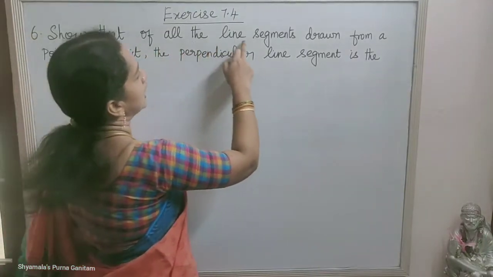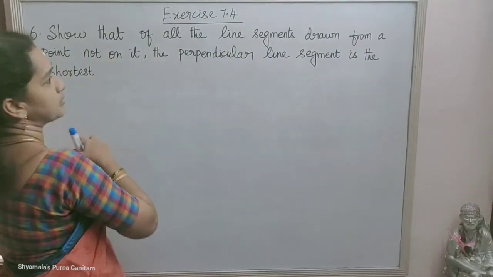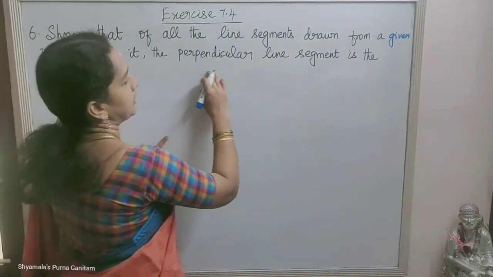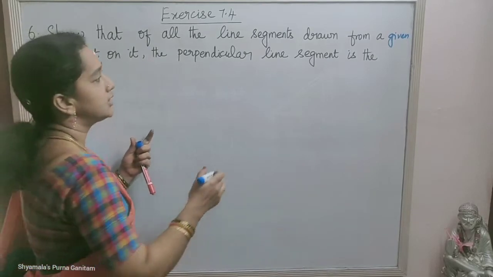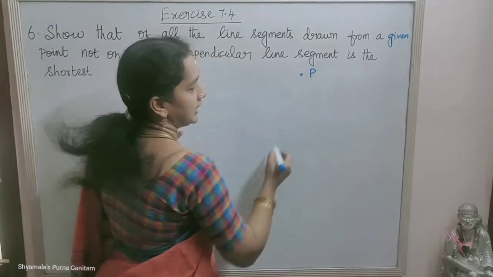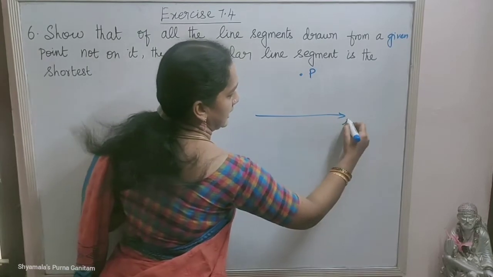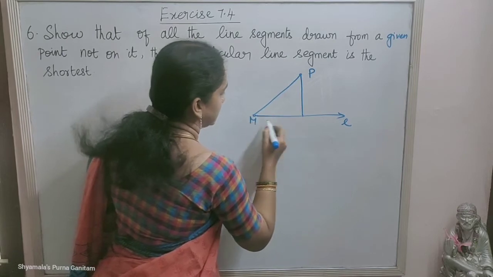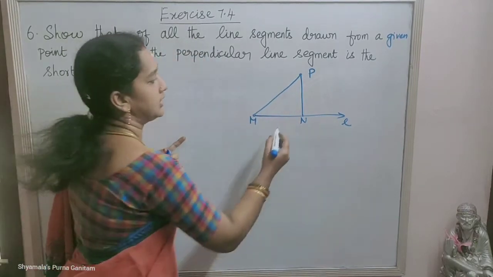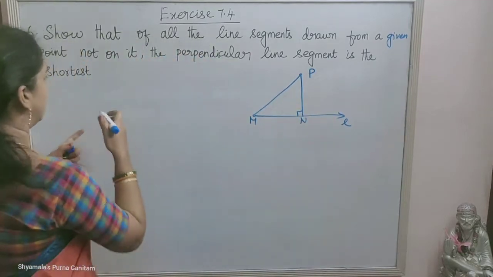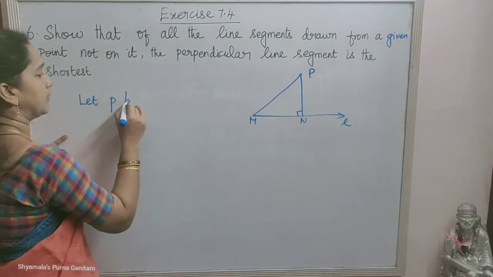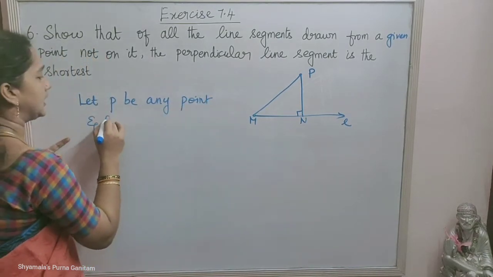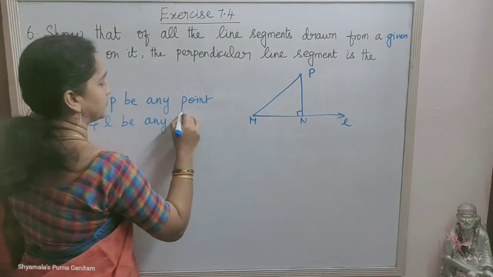Next question: show that of all the line segments drawn from a point not on it, the perpendicular line segment is the shortest. For proving this, I will take a point P and a line L. Let P be any point and L be any line.